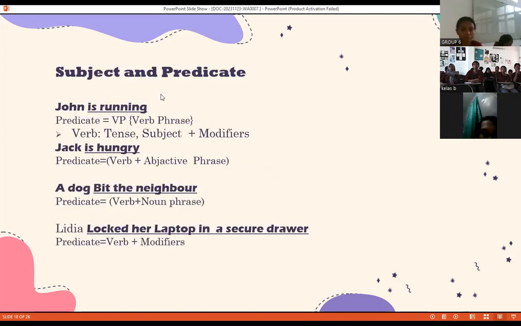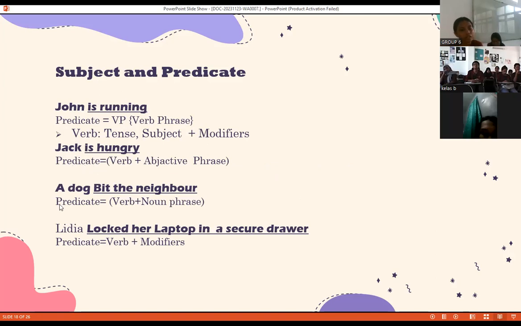Next, subject and predicate. For example, John is running. Is running is a predicate and John is the subject. The second is Jack is hungry. Is hungry is a predicate and Jack is the subject.